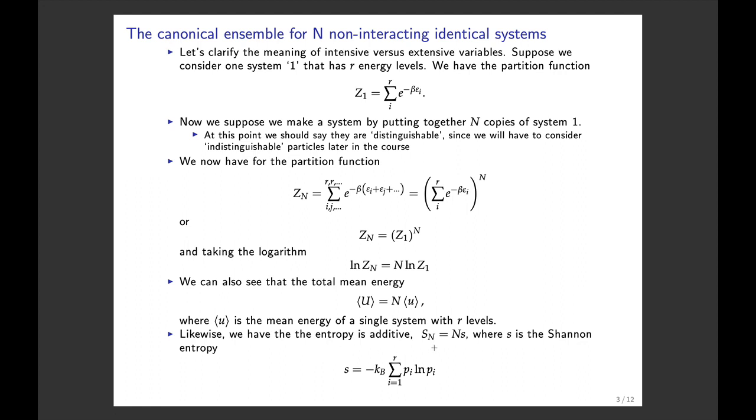So the entropy of the large system with n copies is going to be n times this little s, where s is this Shannon entropy, where we just sum over the levels of one system. So we sum over the probabilities with i going from 1 to r. So we see that little u and little s are intensive, while big U and big S are extensive.